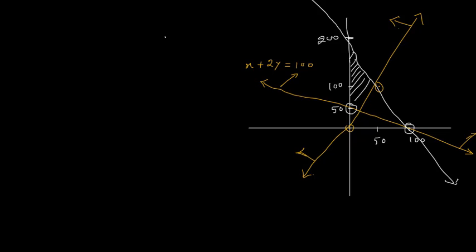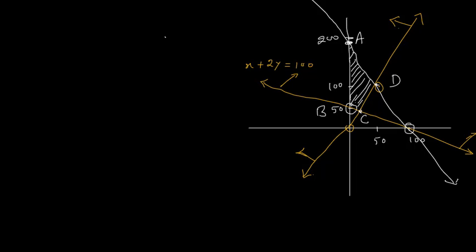Now in this shaded region, I know the coordinate of this point. Let us take this point as A. This point say is B. This point is say C, and this point as D. So we have to find the coordinate of point C and D. Rest all we know.